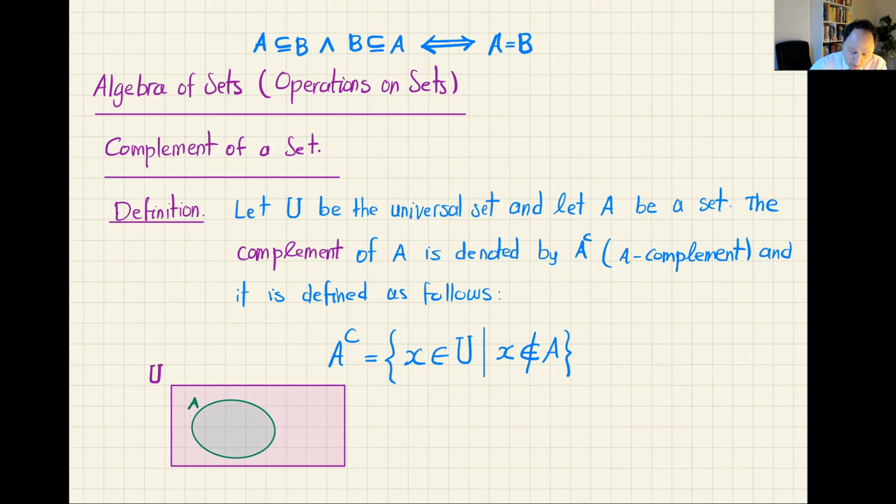So let me write it here. This one is called A complement. Okay, is that clear?